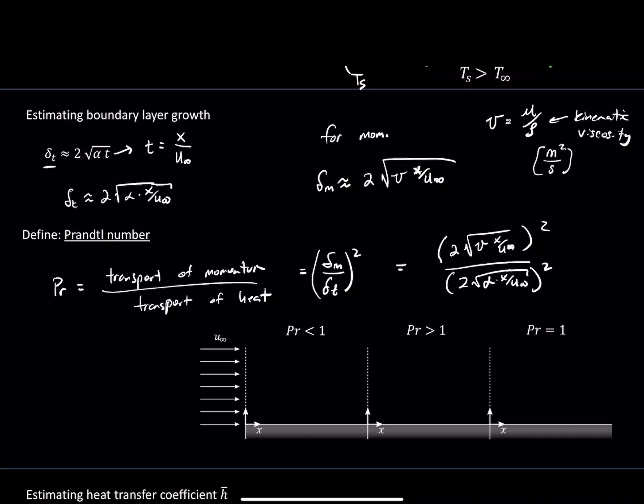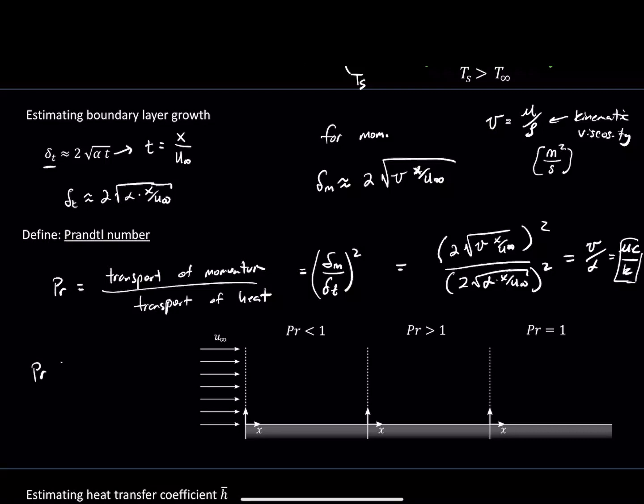Okay, so that simplifies down, the 2's cancel out. We're left with just nu over alpha, which if you express this ratio in terms of the original parameters, turns out to be mu times c over k.